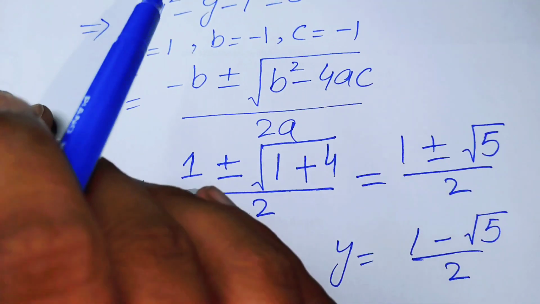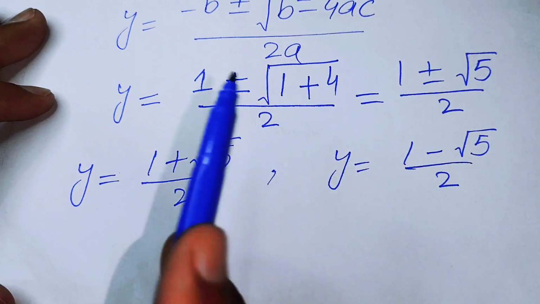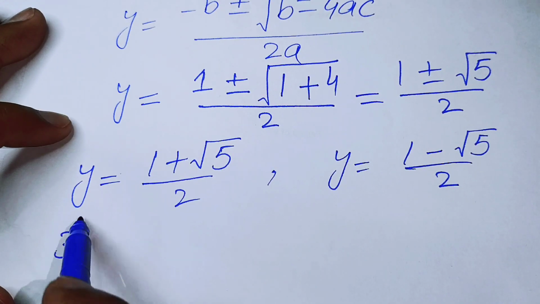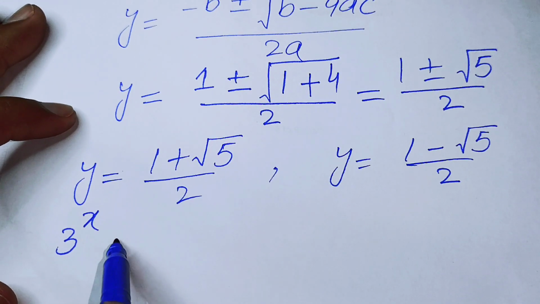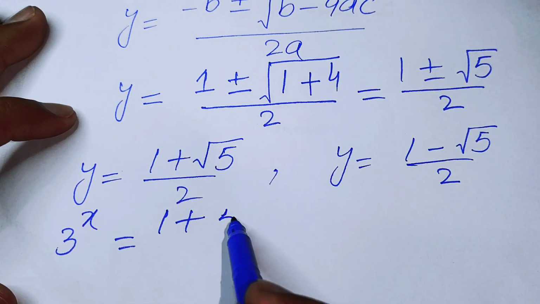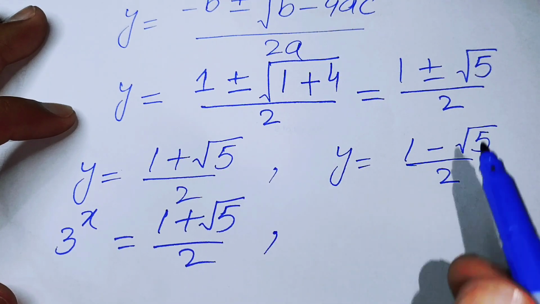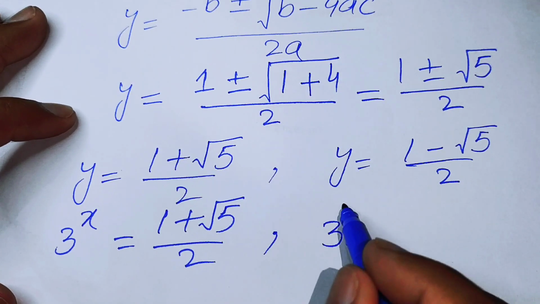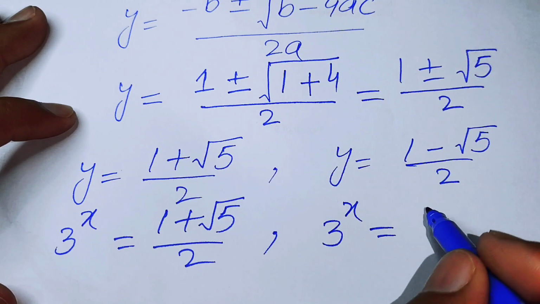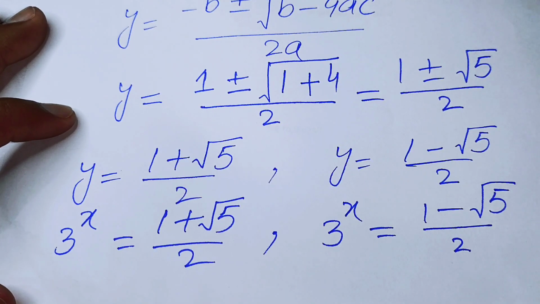The value of y that we took at the start of the question is 3 to the power of x, so we back substitute, and it becomes 3 to the power of x is equal to (1 plus square root 5) over 2, and similarly 3 to the power of x is equal to (1 minus square root 5) over 2.